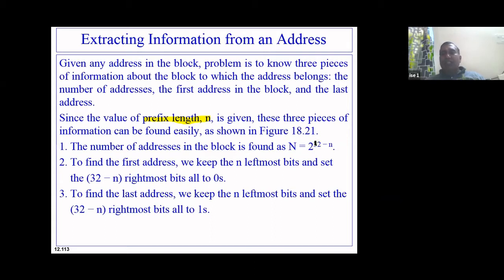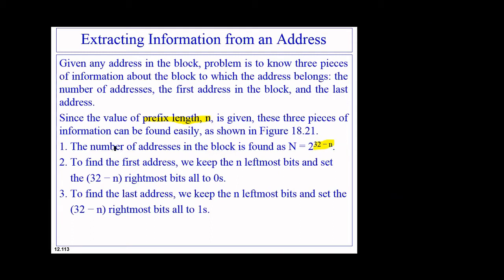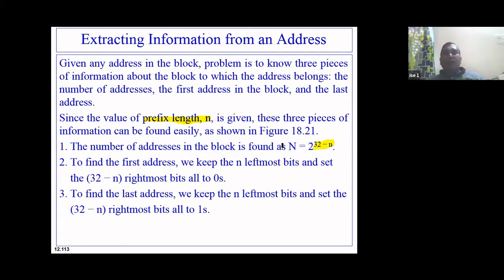So 2 raised to power 32 minus n it will be. So the number of addresses in the block is found as 2 to the power 32 minus n. And to find the first address, we keep the n leftmost bits and set the 32 minus n rightmost bits all to 0.